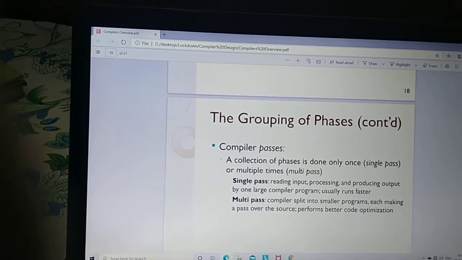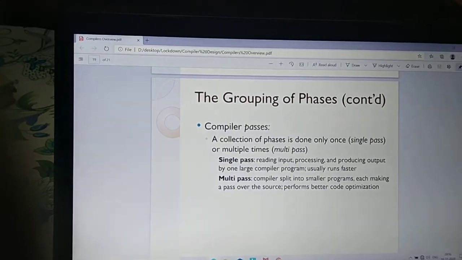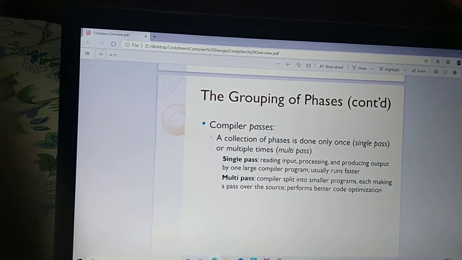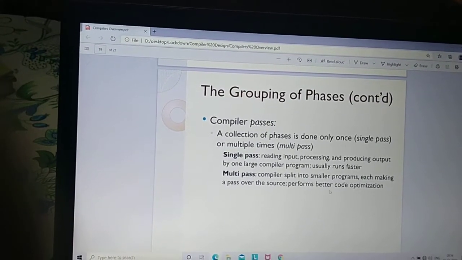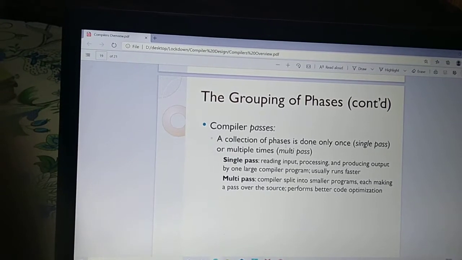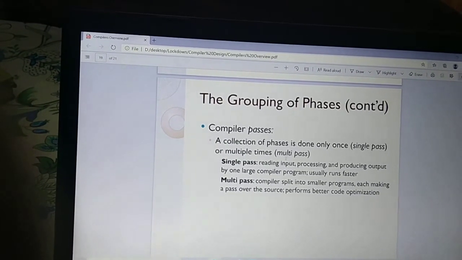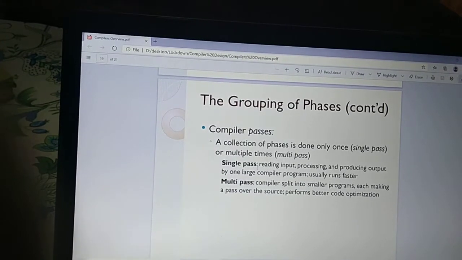Now there are basically two types of compiler passes, either single pass or multipass. Here it depends on whether a collection of phases is done only once, in single pass, or multiple times, in multipass. So what is single pass compilation?